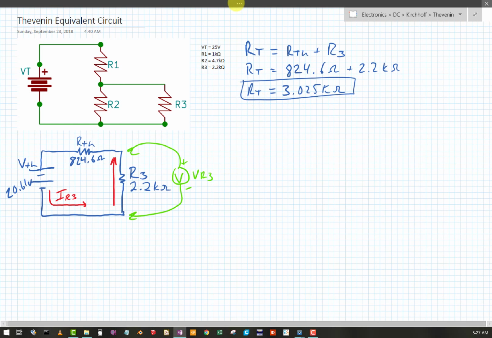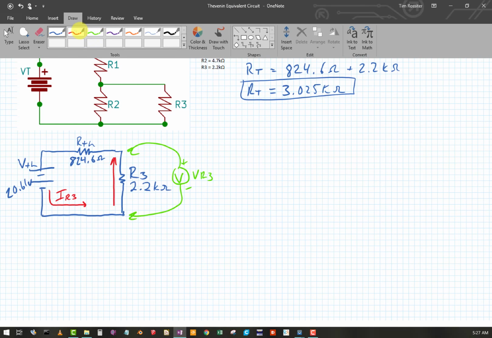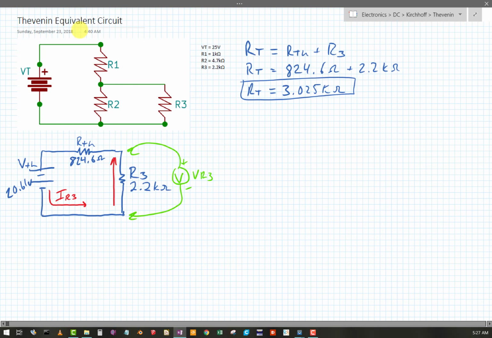Okay, so now I can find IR3, and I could call it I total, but I've already labeled it as IR3. It's nice to know what that number actually is, and it relates to our original circuit, and I'll show you that in a second. IR3 is going to be V Thevenin over that R total number that we got.